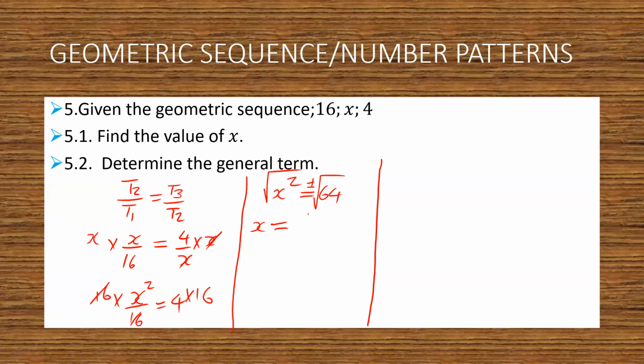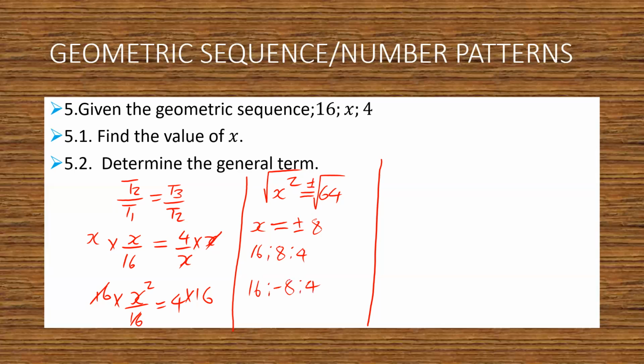We're going to have positive 8 or x equals negative 8. Yes, write them down. So you've got 16, 8, and 4, and then you've got 16, minus 8, minus 4.